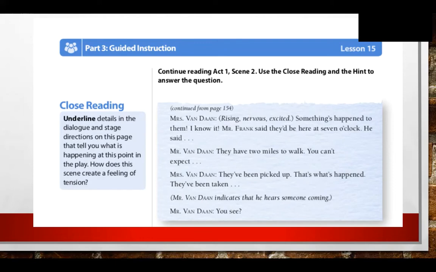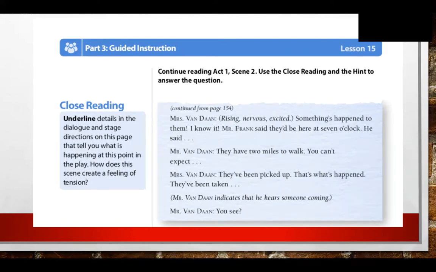Okay, the close reading wants us to underline details in the dialogue and stage directions on this page to tell you what is happening at this point in the play. So how does the scene create a feeling of tension? Oops, I accidentally skipped him. Okay, something's happened to them. All right, so Miss Van Dam thinks something has happened to them.